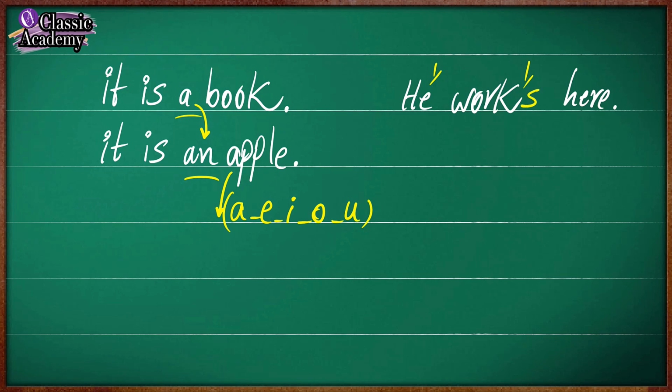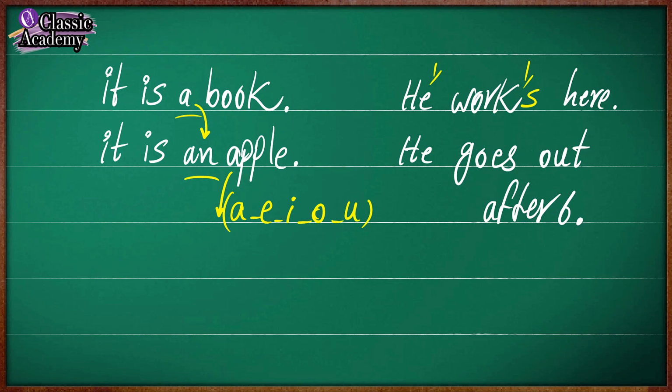But he goes: after O, this S changed to ES because of this O. Look at it. This O is here too. So we have these five letters in different kinds of conditions. We use them because of different kinds of reasons and purposes.